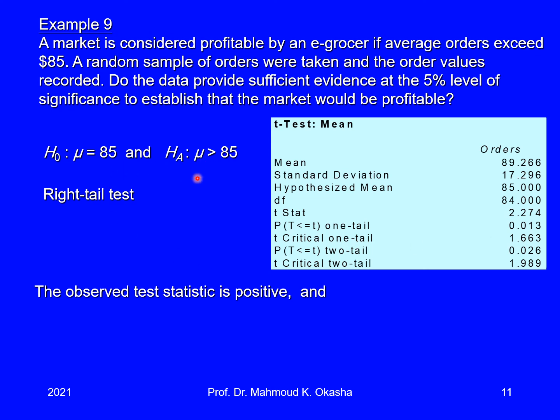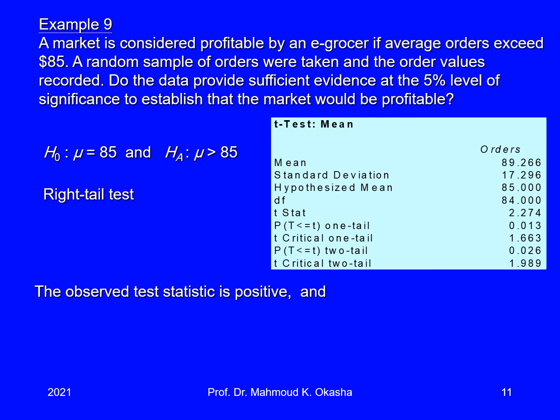Here it is a one-sided test, so we do not divide alpha by 2. We do not take half alpha. So we look at the one-tail test, and that p-value is much less than the significance level alpha, which is 5%.